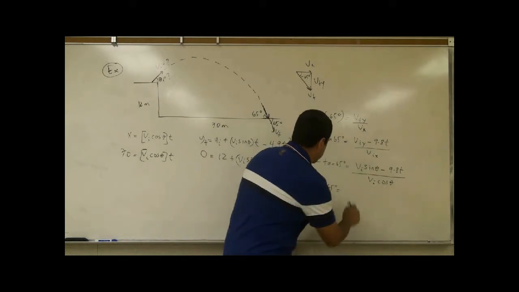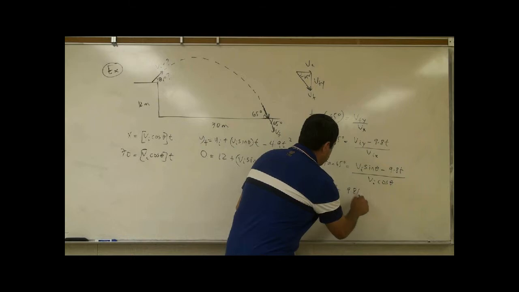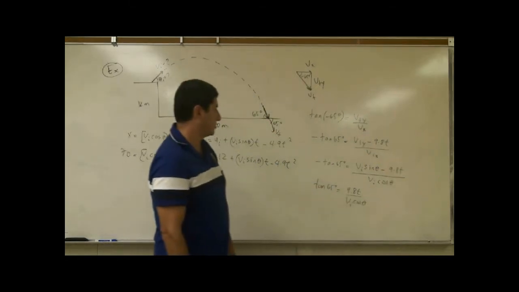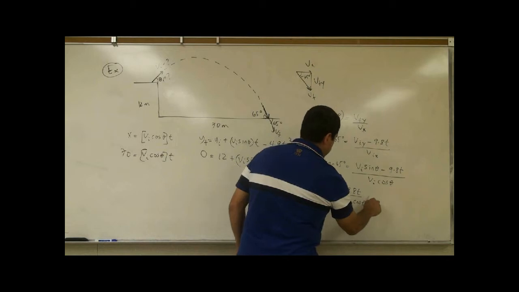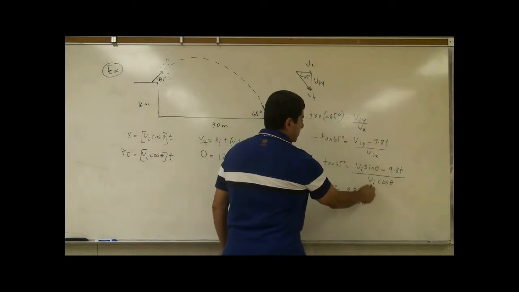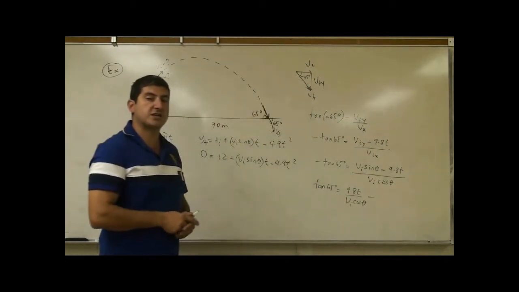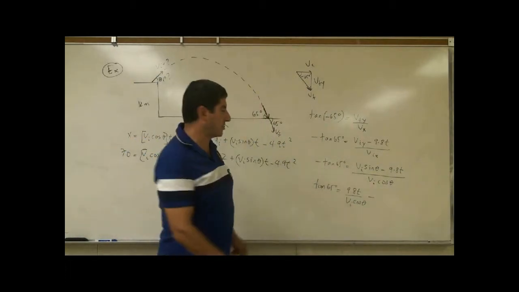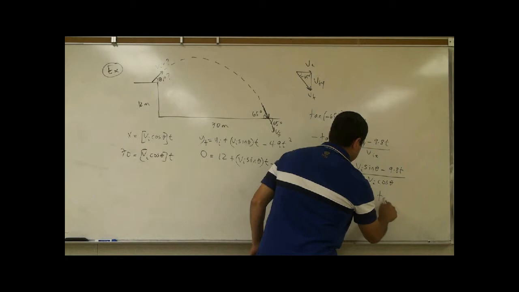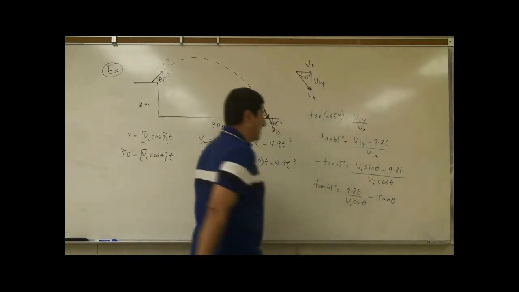Switch the order of this, and you get 9.8t over v initial cosine theta, right? And then this one will come next, minus v initial sine theta over v initial cosine theta is going to be what? The v initials are going to cancel. Sine over cosine is going to give you tangent. Okay, tangent theta.